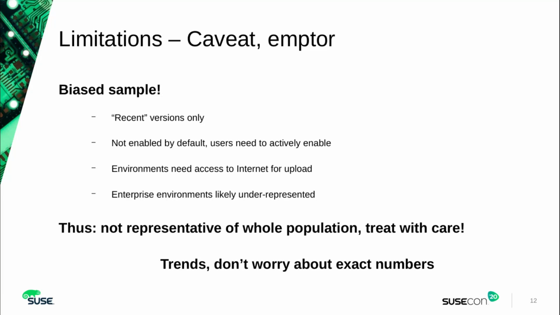It's something that users have to actively enable, which means that systems that just get deployed and never touched will not be represented. The environments need to have access to be able to upload this data, which is a concern for systems that are mission critical environments and that may not have any sort of external internet connection at all. And again, enterprise users are more conservative about the versions they deploy as well as the features they enable. So again, these will be underrepresented.